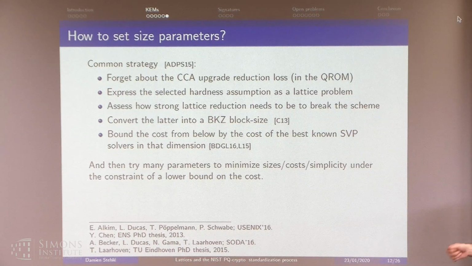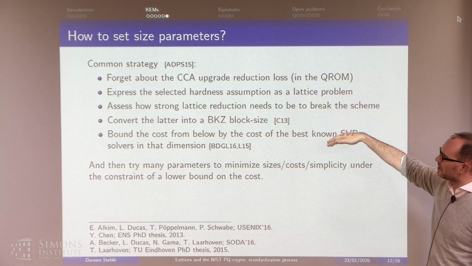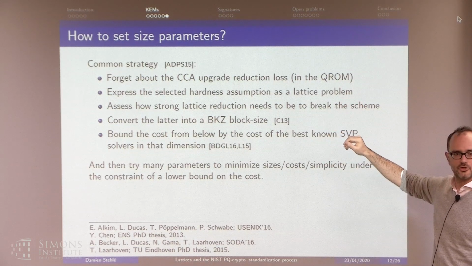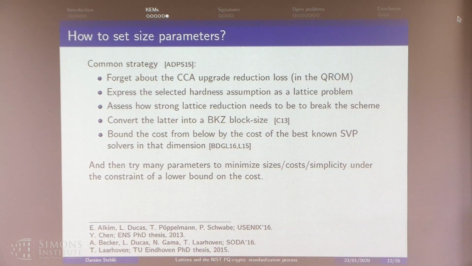So you try lots of different parameters, and among those that are above some cost to break the scheme, you keep those that give you the schemes that you prefer. You can try to minimize sizes, costs, or optimize simplicity, whatever that means.